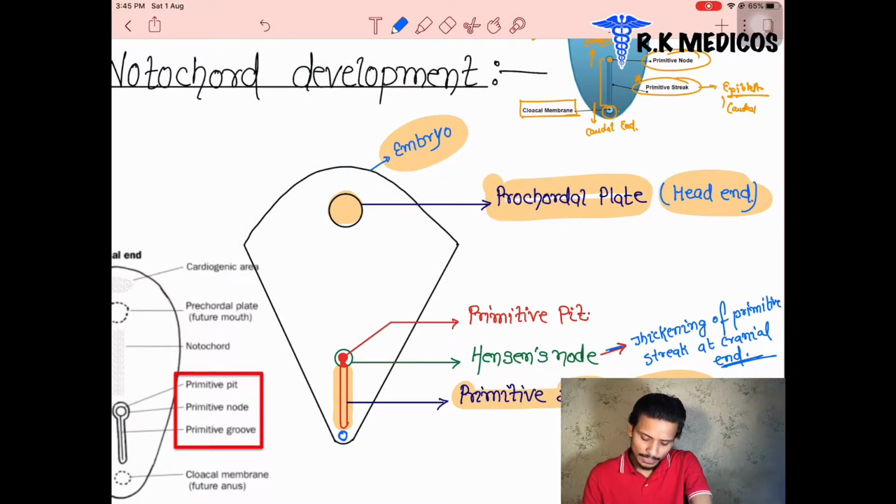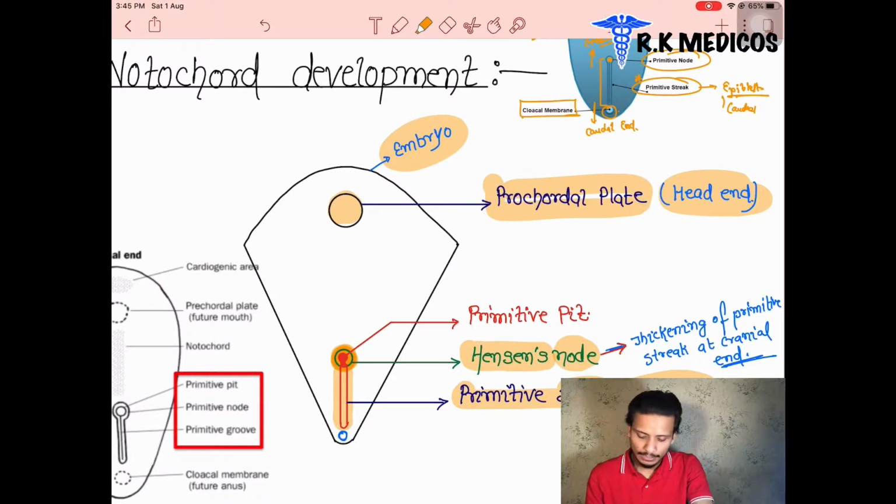But for now, the primitive streak is going to thicken here, and they are developing a node in that region. That one is called the primitive node, and another name for it is Hensen's node.